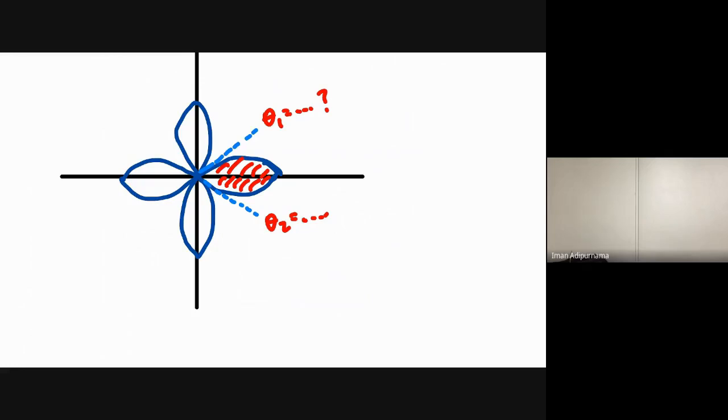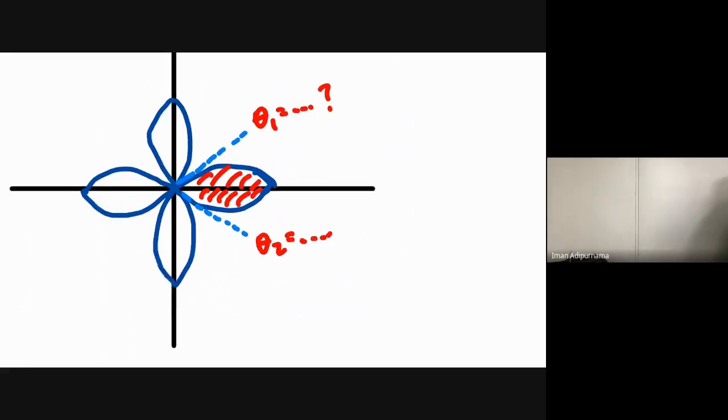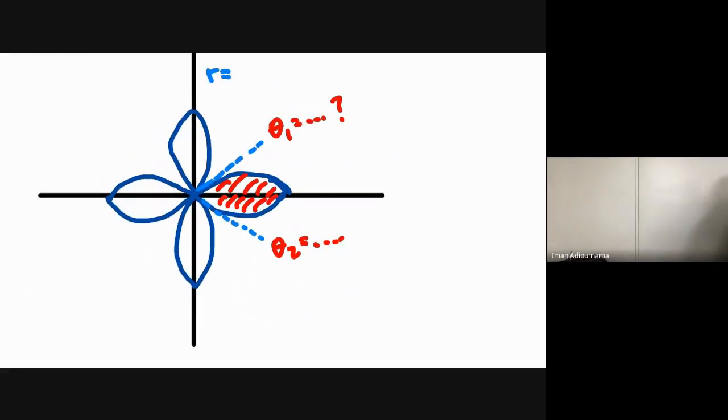This is minus pi over 4 here, right? And this will be pi over 4. Anyone know how to find it? Yes. So the curve is r equals cosine 2 theta, right?